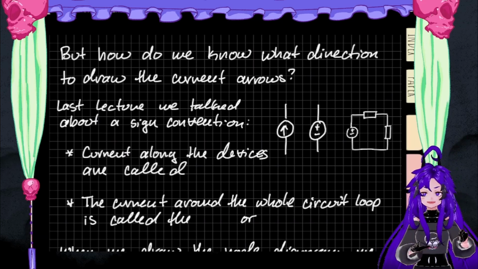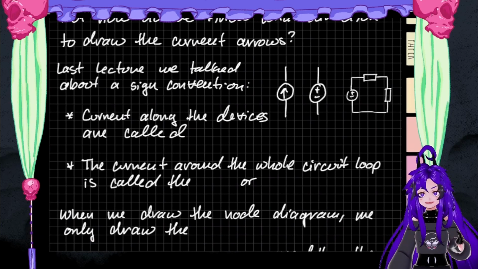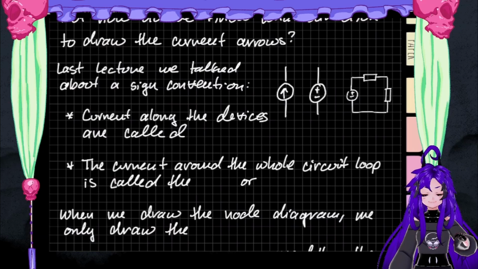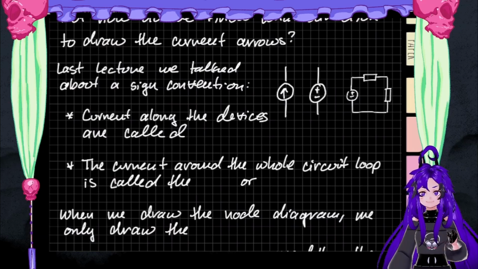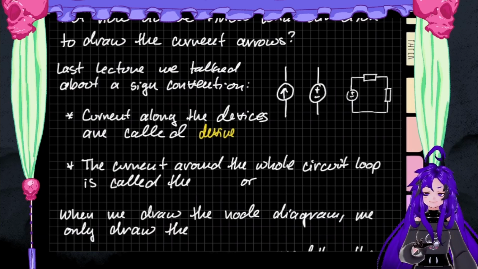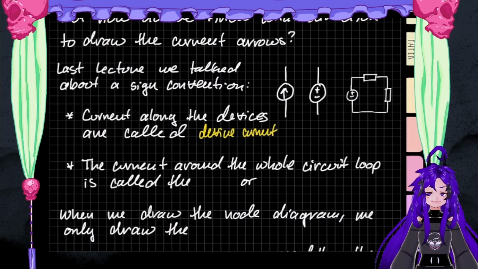We talked before about having a sign convention. Current along devices is called the device current. And we say that the device current goes from positive to negative. If this is the direction of the arrow, then the positive end is where it starts from, and the negative end is where it goes.